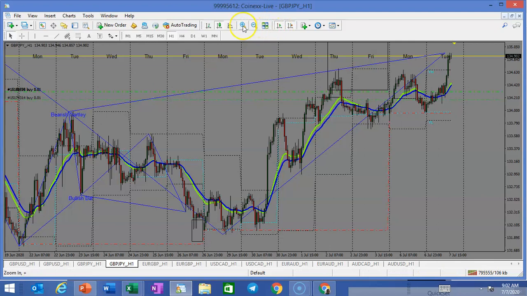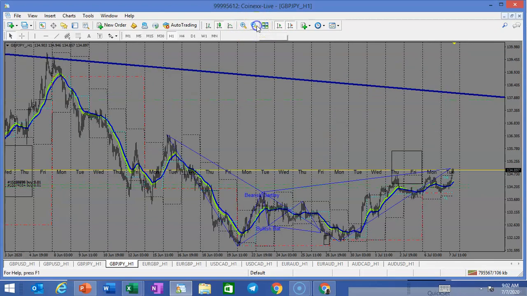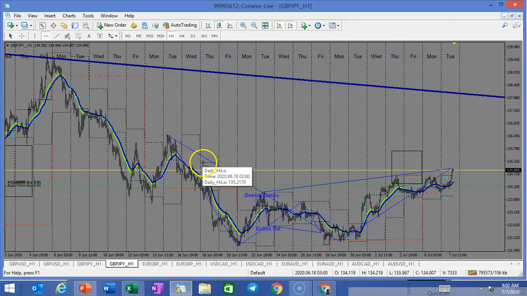So I actually have to continue to go to my left, zoom out to see where price action could possibly go. So I see the next level being here. That's 135.195, right? That was a black tracer.